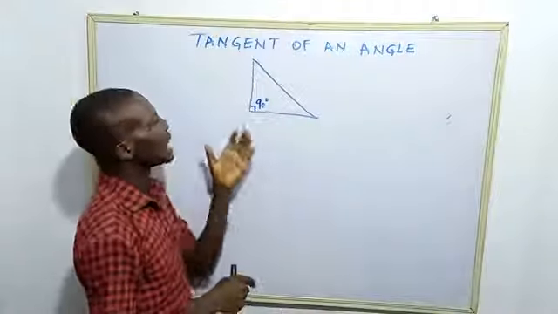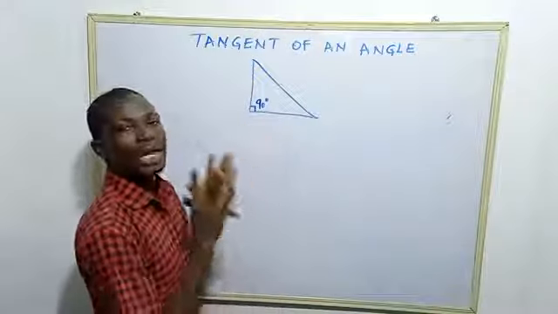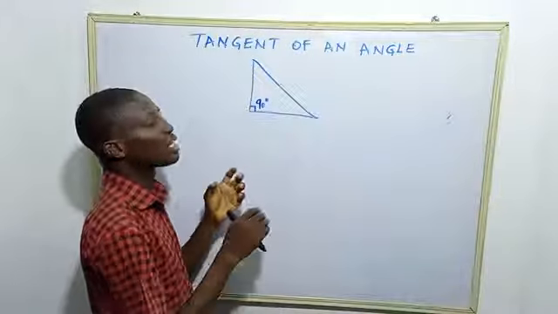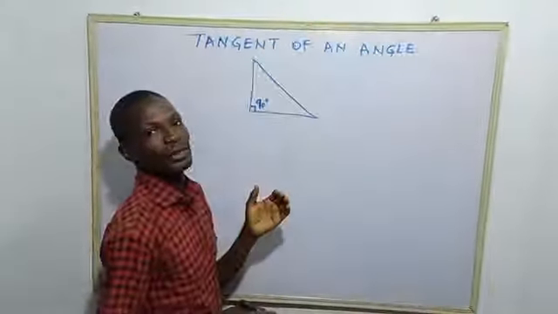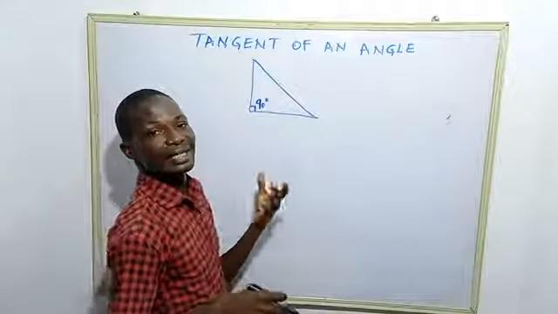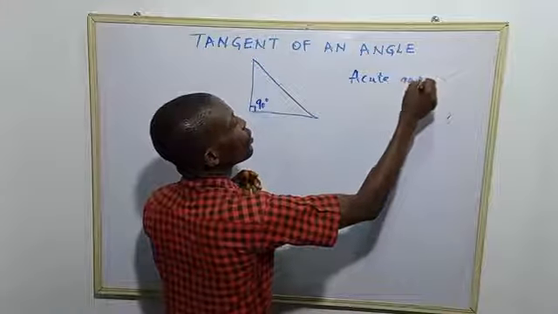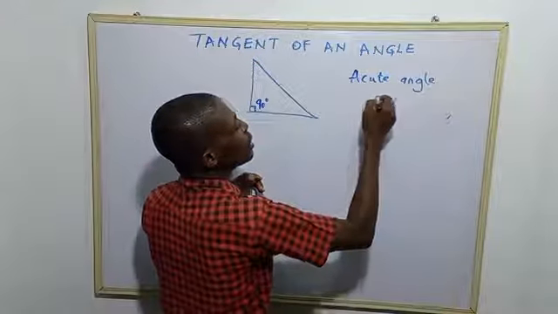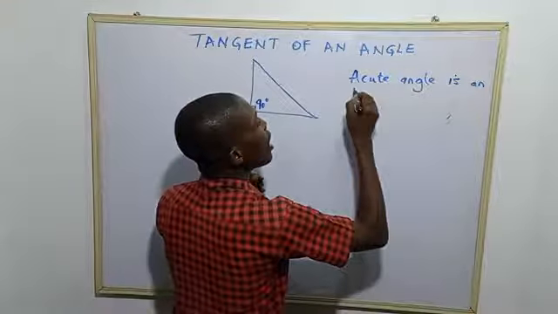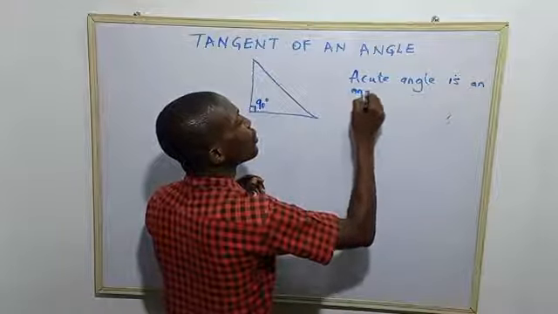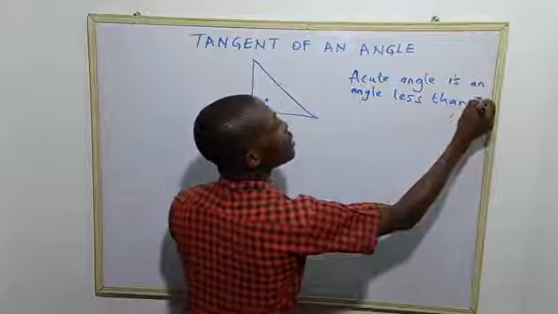In it, there are other things that you can note about it. We have what we call an acute angle. Angles that are less than 90 degree, that's what we call an acute angle. An acute angle is an angle less than 90 degree.